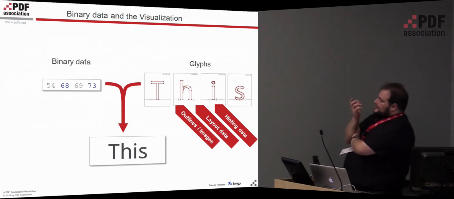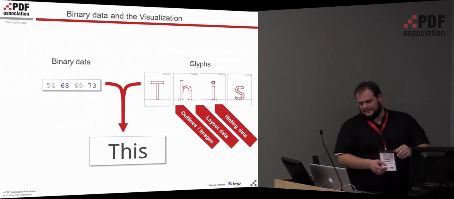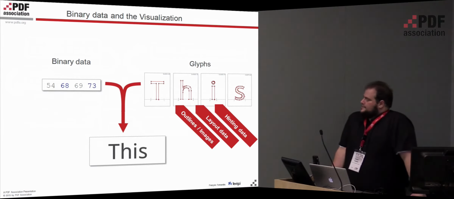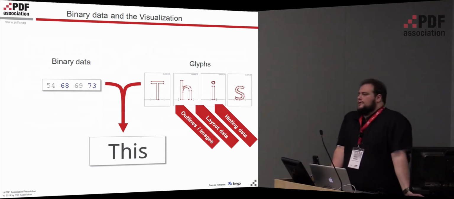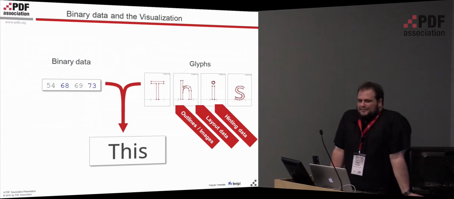So let's have a look at what glyphs actually are. We have on the left side our binary data again. And on the right side, we basically see that a glyph is, in most font formats, a collection of points with lines connecting them. So we pretty much have an outline. That means those fonts are going to be scalable.